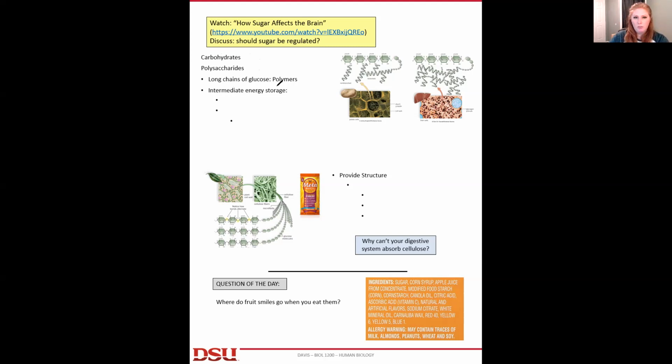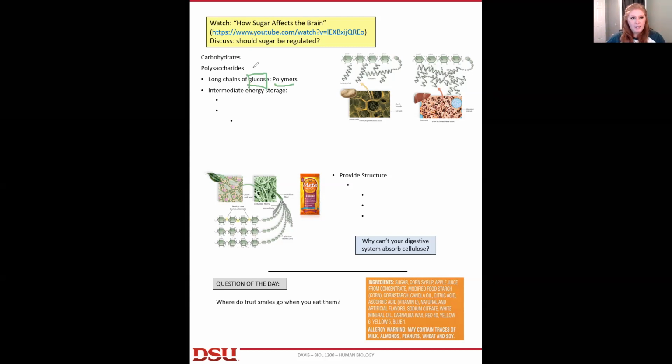Polysaccharides are polymers. Again, we're stringing long chains together. Those polymers are glucose, so we get lots of glucose monomers and hook them all together, and then we hook those polymers together, and we eventually end up with this massive polysaccharide. Polysaccharides are a source of energy storage for both plants and animals, including us.